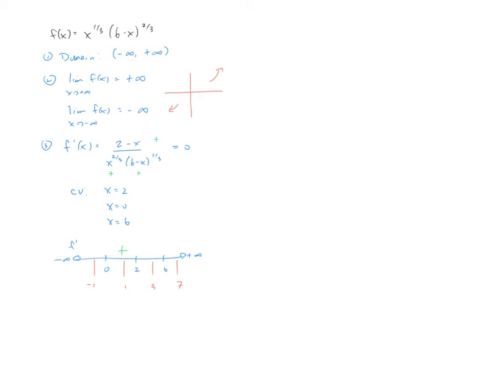Just mark the pluses and minuses and look what the relationship's going to be with division and multiplication. When you do this, we end up with a plus there, a minus, and then a plus. Okay? So we would be increasing from negative infinity to 2, as well as 6 to positive infinity.